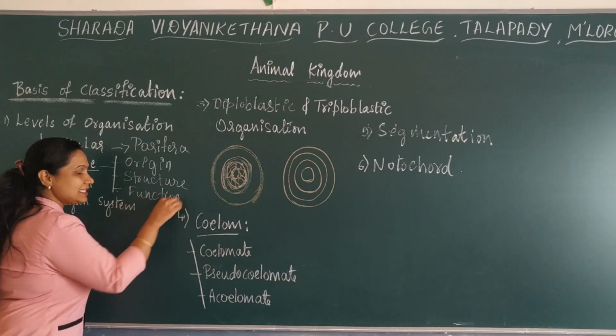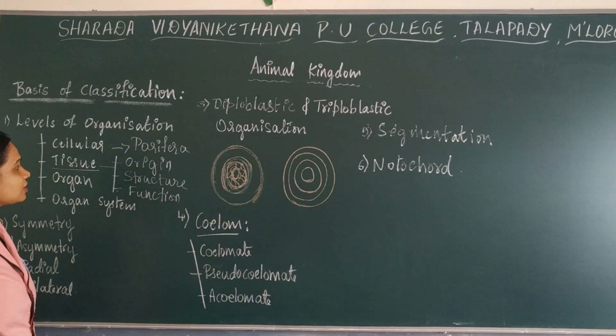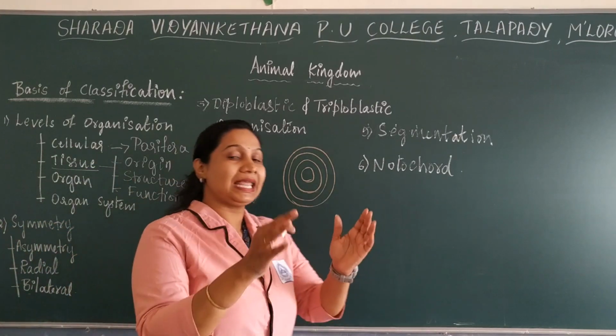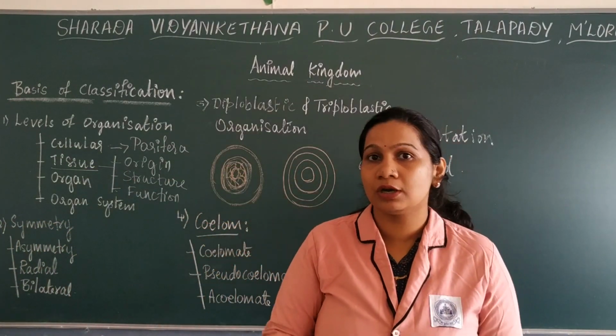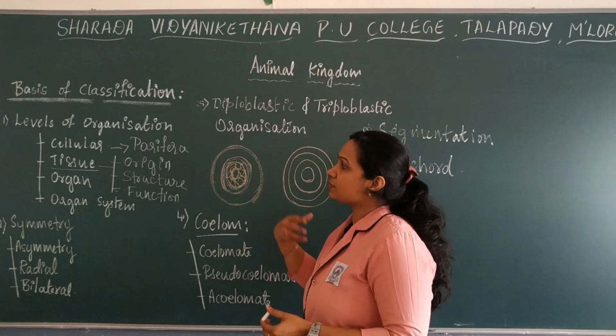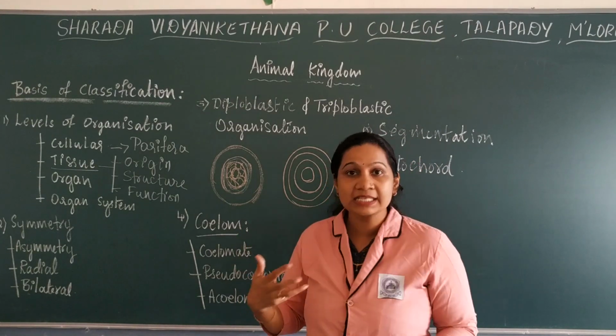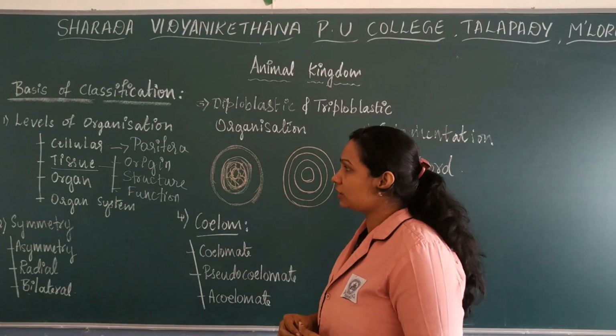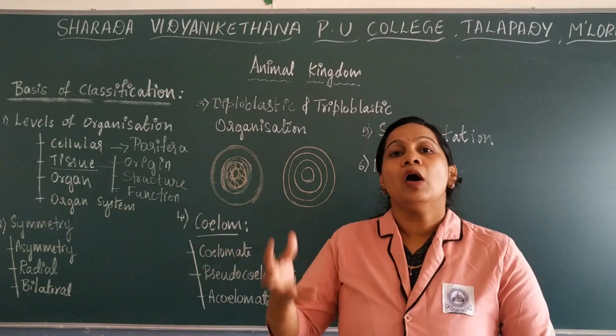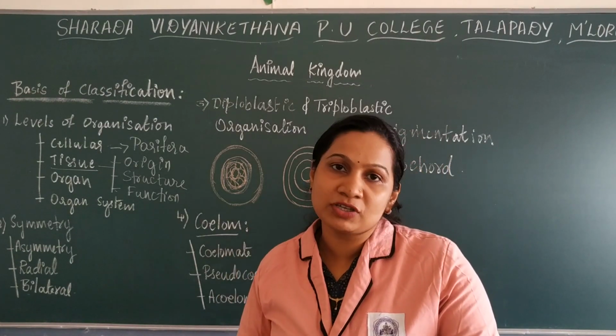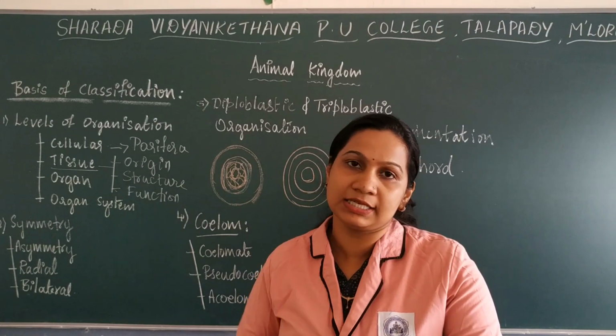A group of cells with similar origin, structure as well as function is known to be a tissue. So here in organisms, all body functions will be performed by these tissues.